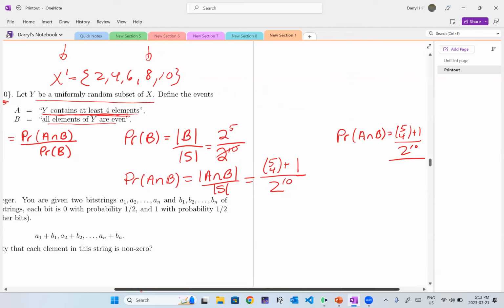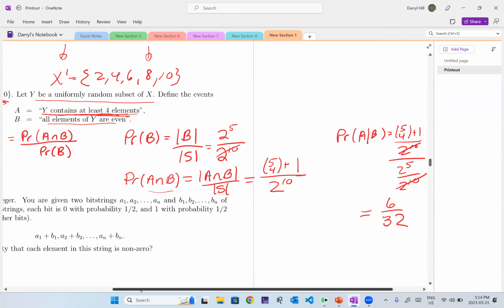Probability of A given B is then the probability of A intersect B over the probability of B, which is 2 to the power 5 over 2 to the 10. These will cancel out. 2 to the power 5 is actually 32, and 5 choose 4 is 5, so I get 6 over 32.